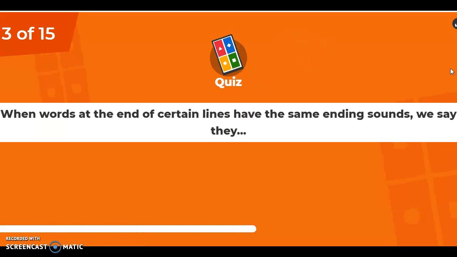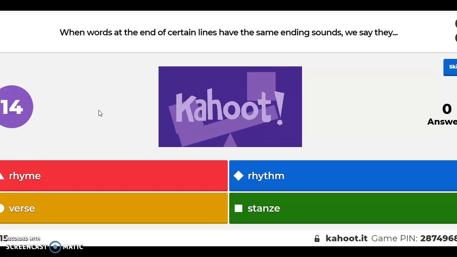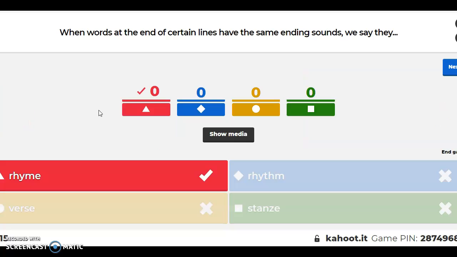When words at the end of certain lines have the same ending sound, we say they rhyme, rhythm, verse, stanza. The same ending sound. They rhyme.